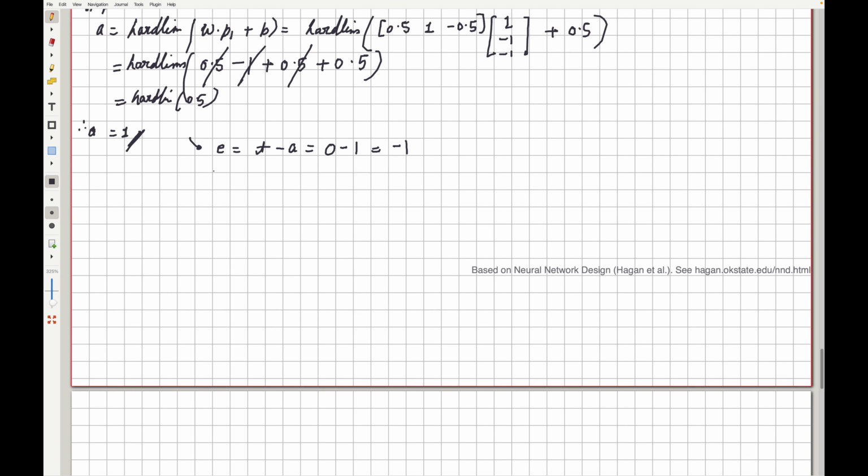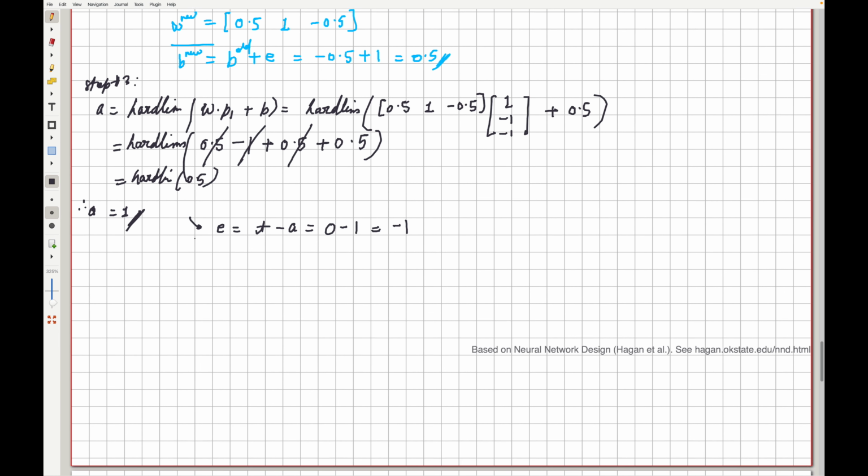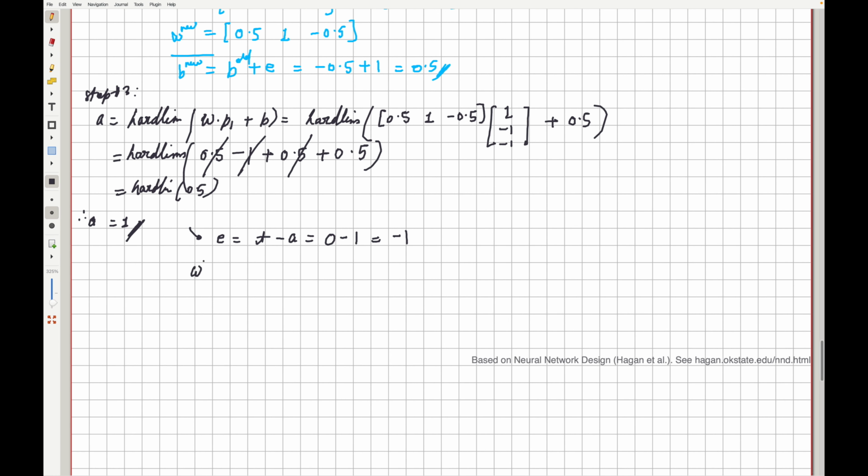And again we calculate the values for W. So the W new is equal to W old plus E times P transpose, and W old that we just used was 0.5, 1, minus 0.5, plus E, which is -1. And what is the value for P?